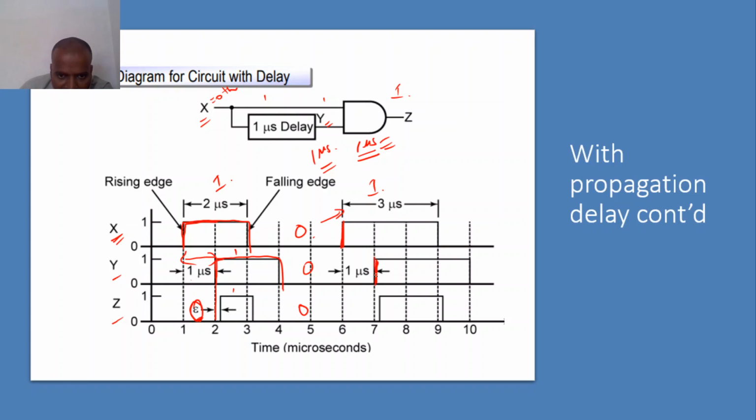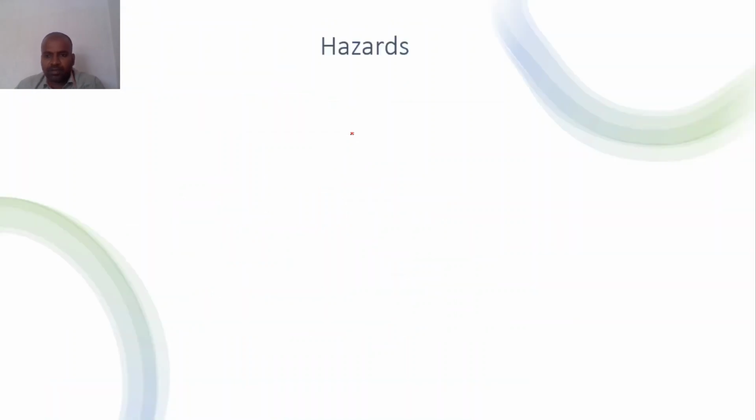So again my circuit needs to produce the output, but it takes some time delay due to this AND gate propagation. Okay, so I hope you understand what we mean by propagation delay, with propagation delay and without propagation delay. Okay, right. The next thing is hazards.